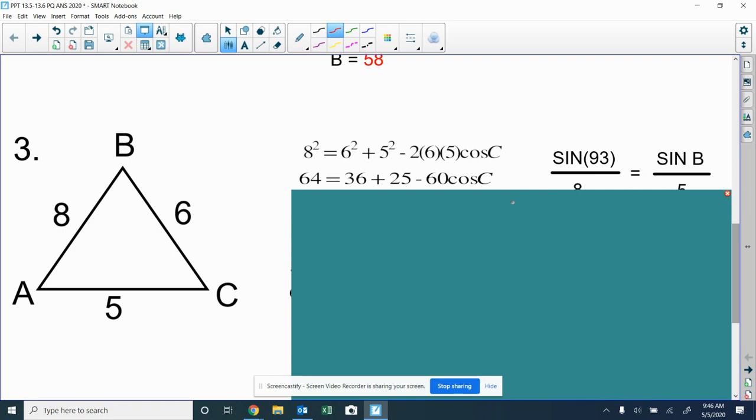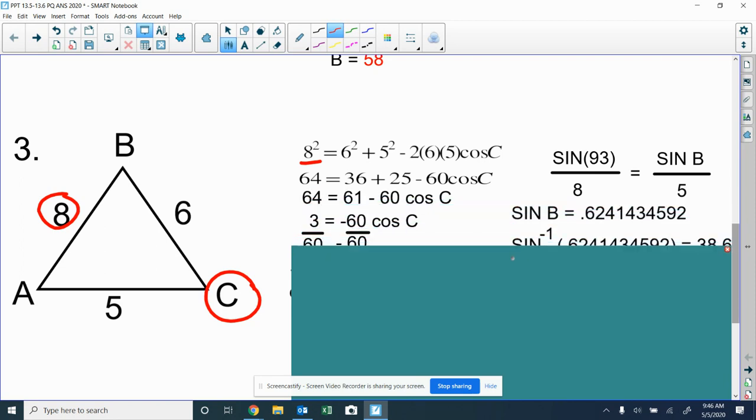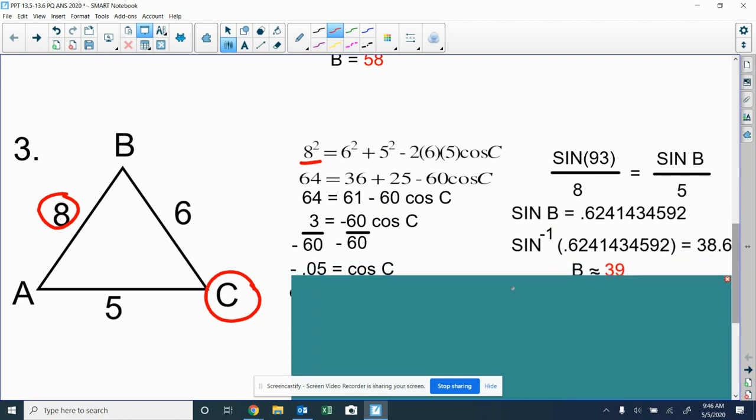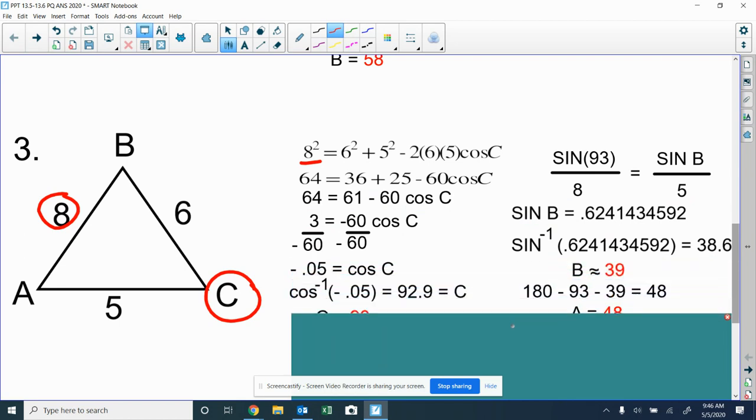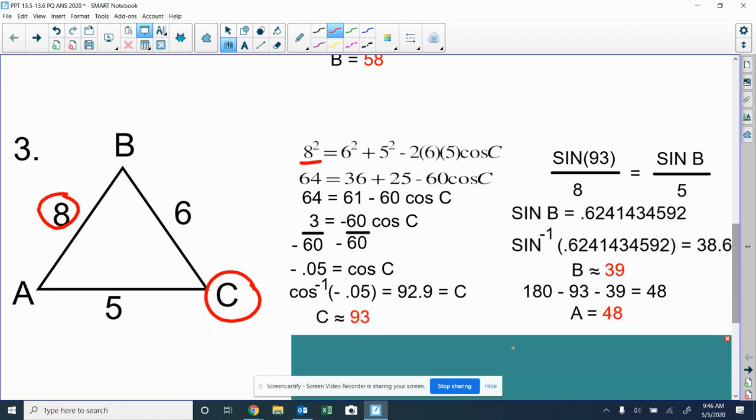So we're going to set this up to find C. Your C is going to be out front here, which would be 8 squared, okay? So using that law of cosines, we'll roll right through that. And as you can see, we get angle C to be 93. We're rounding there again.